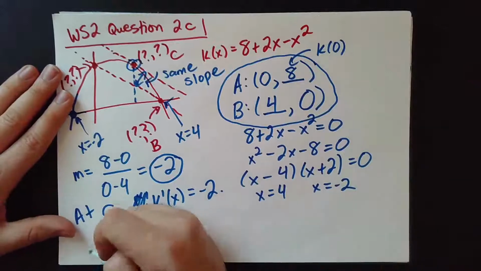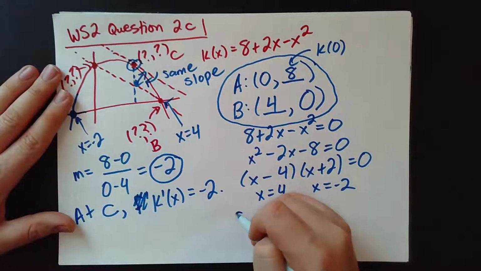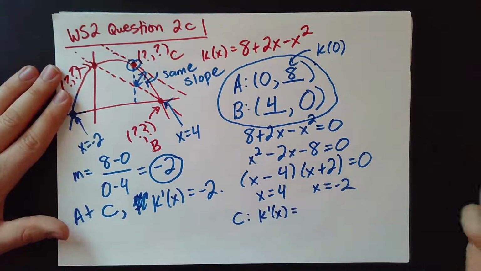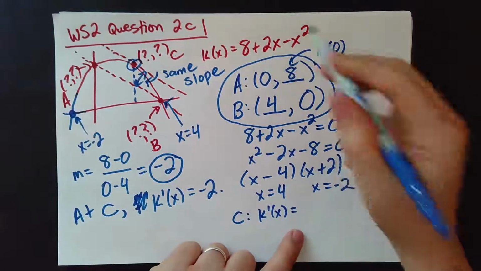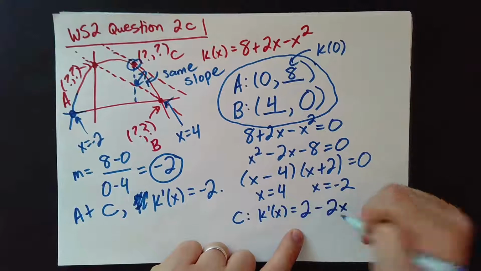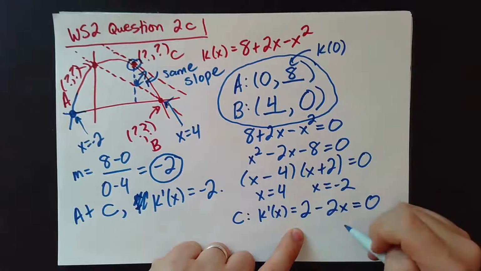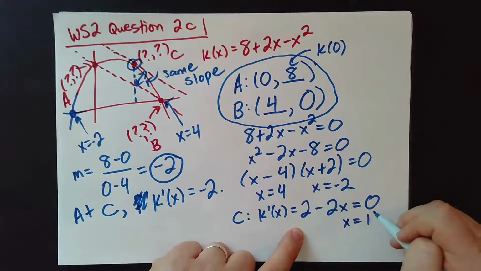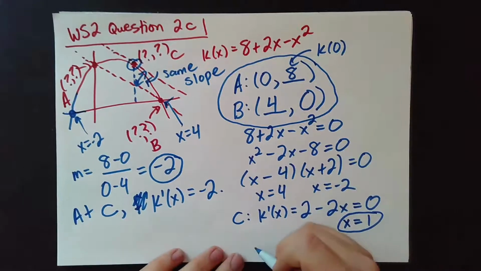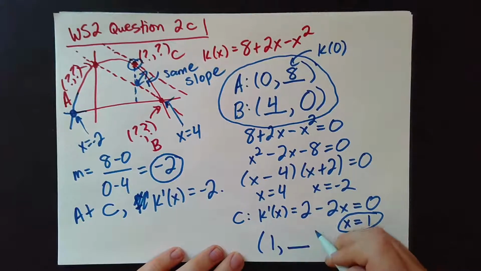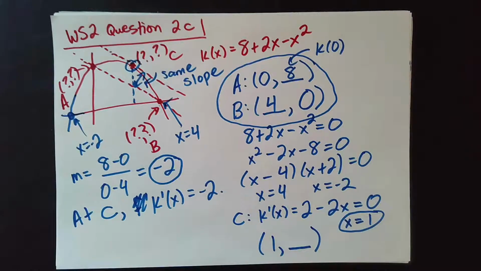Okay. So the derivative in this case is k prime of x equals 2 minus 2x. I'll set this equal to -2. And when I solve that, I'll get x equals 1. And so that means C is 1, comma, and then I need to get the y-coordinate.